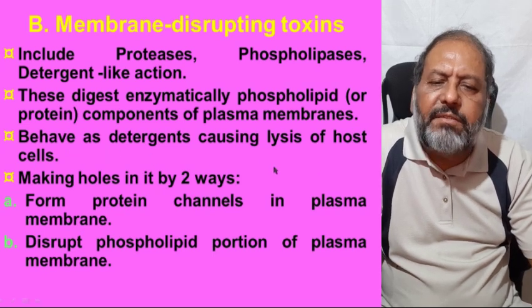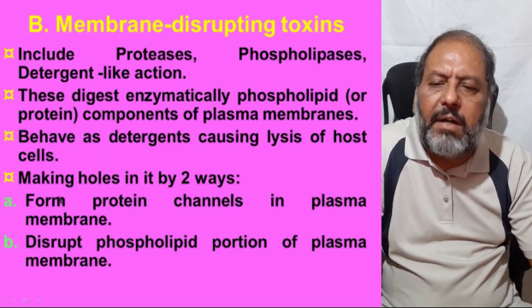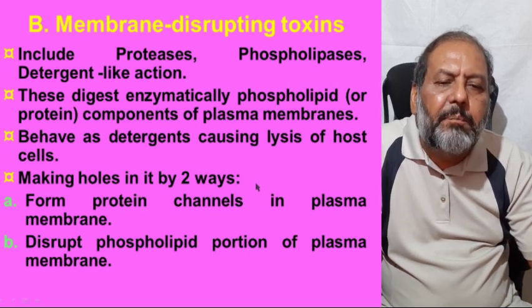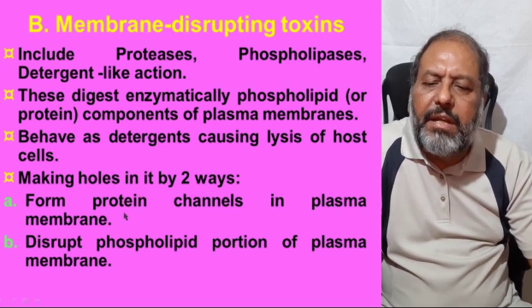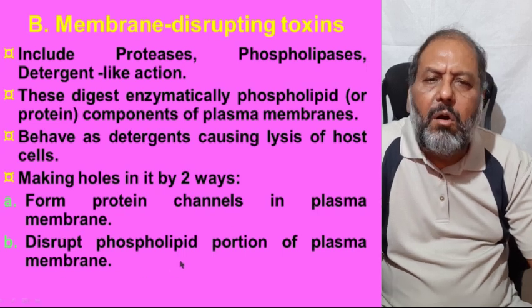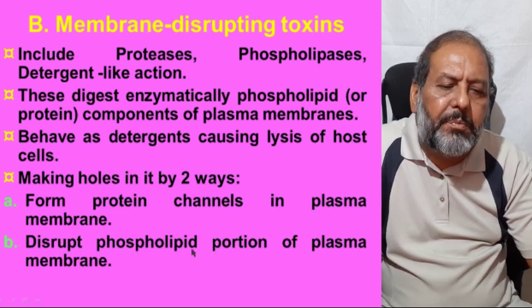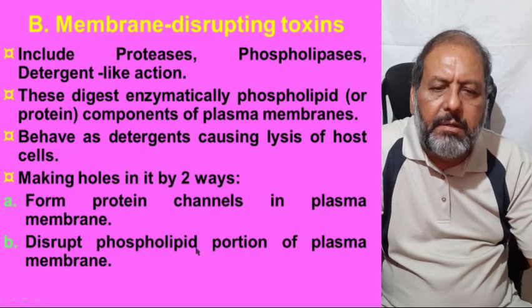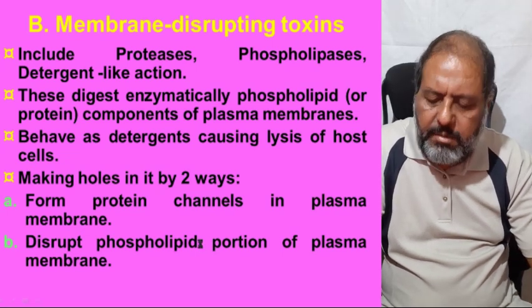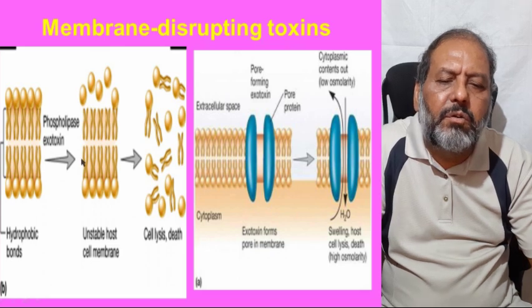These behave as detergents, causing lysis of the host cells and making holes in the plasma membrane in two ways: they form protein channels in the plasma membrane, or they disrupt the phospholipid portion of the plasma membrane. The end result is the entry of these bacteria into the host cell.